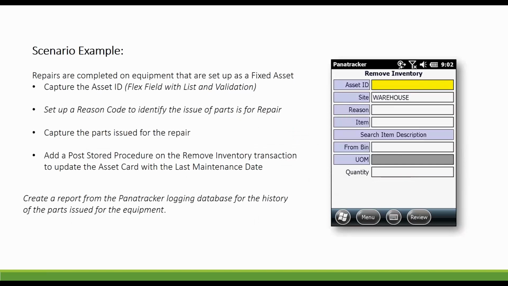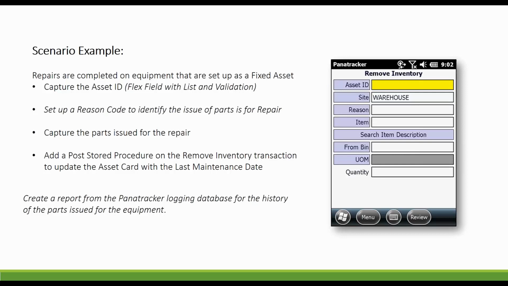To give you a bit of a scenario in which the application can be used like this. There's a company that's using their inventory to maintain fixed assets. They may want to capture parts removed from inventory and update the asset record at the same time. That means that this is an adjustment transaction on inventory where they can capture the items and the parts that they're taking out, but they also need to run an update on their fixed asset to give it new information.